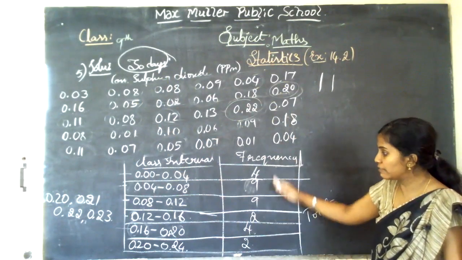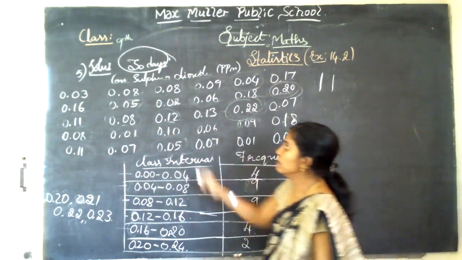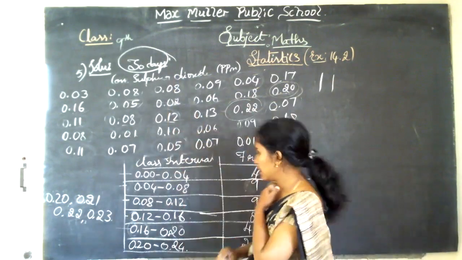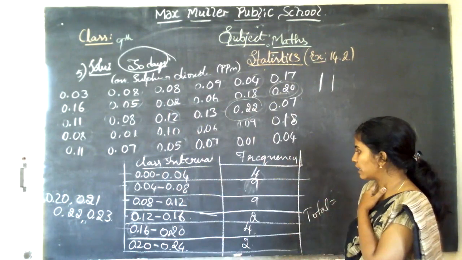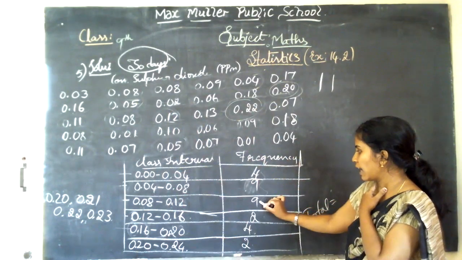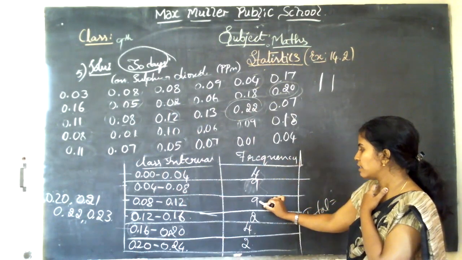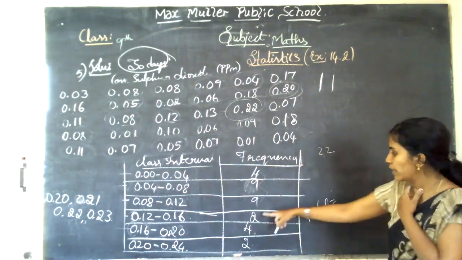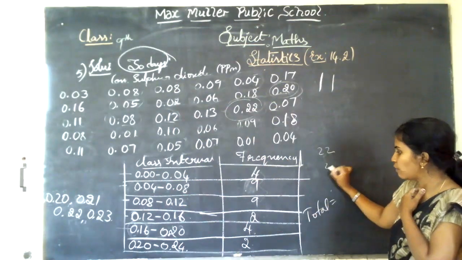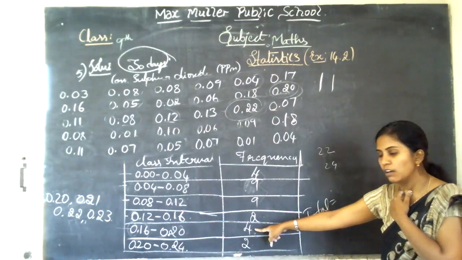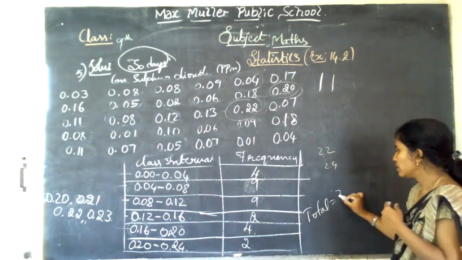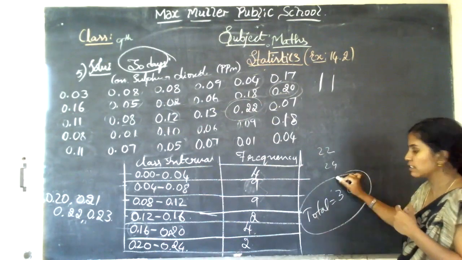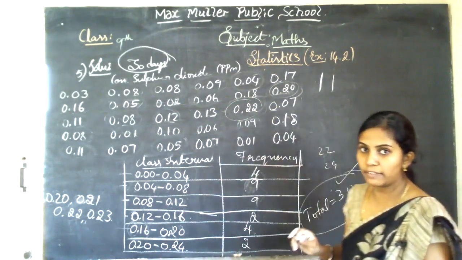Check it: 4 plus 9 is 13, 13 plus 9 is 22, 22 plus 2 is 24, 24 plus 4 is 28, 28 plus 2 is 30. So we have got the total as 30, and we have verified it.